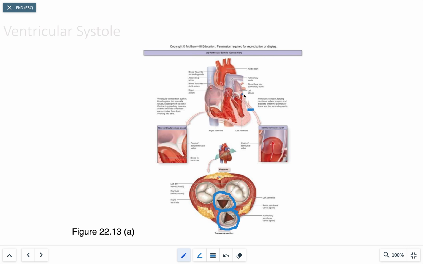You can see that the mitral valve or the AV valve and the tricuspid valve are closed, and the aortic and the pulmonic semilunar valves are open. So during ventricular systole, we're going to see blood flow exiting to the lungs, and also blood flow exiting into systemic circulation.